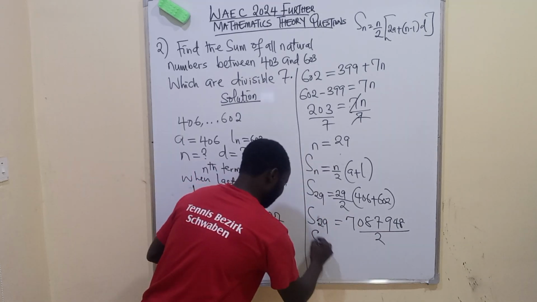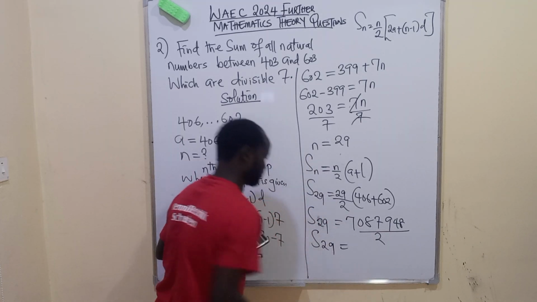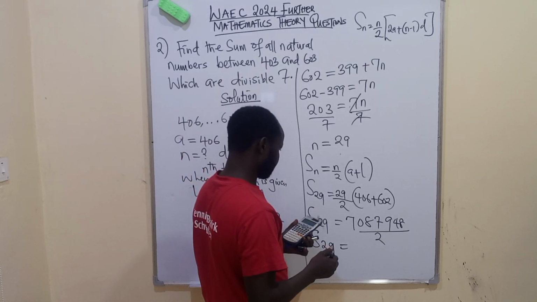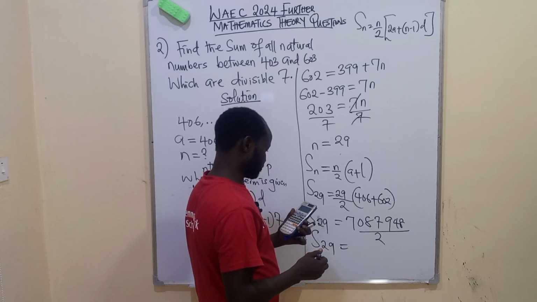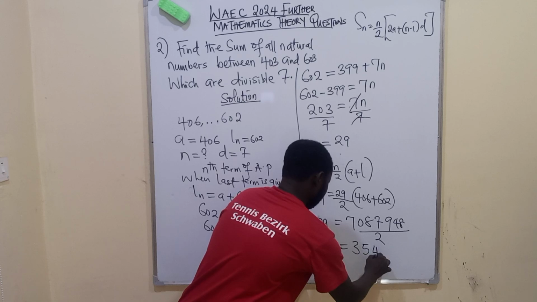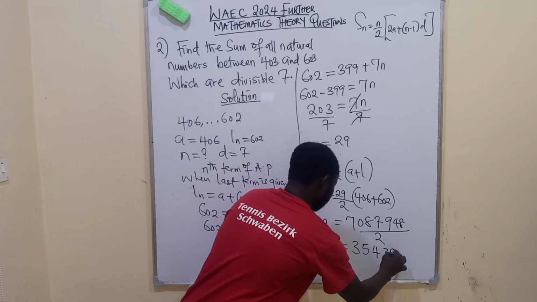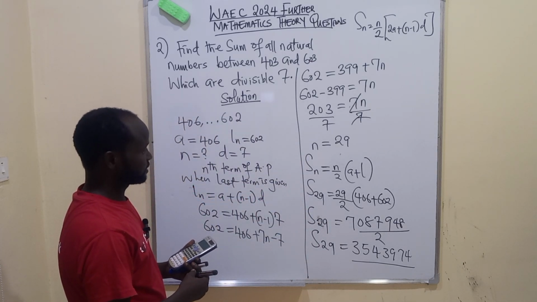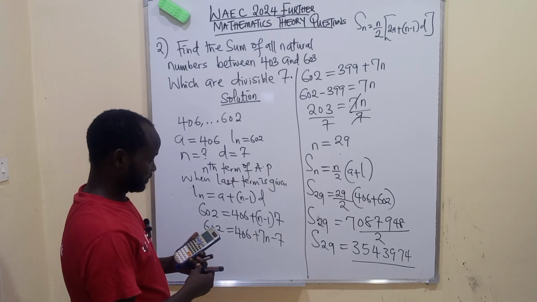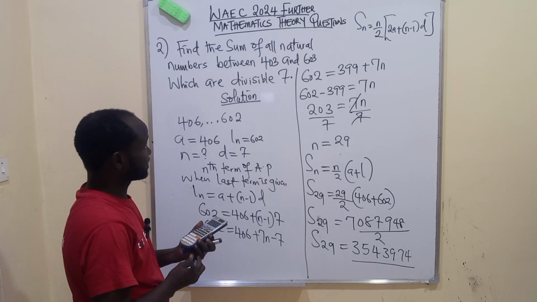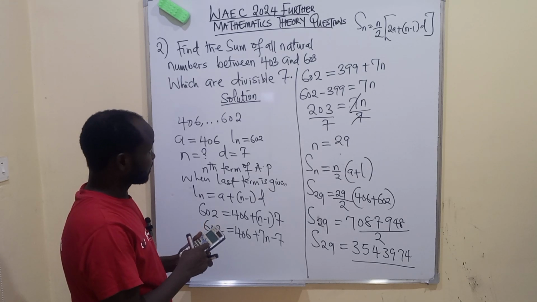Finally, the sum now of all the natural numbers will be, if we divide that by 2, we have 3543974. So this will be the sum of all the natural numbers between 403 and 603 that are divisible by 7.